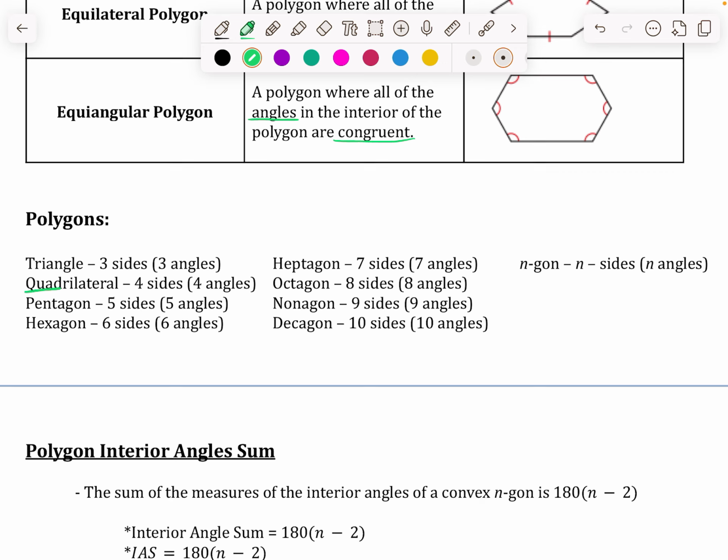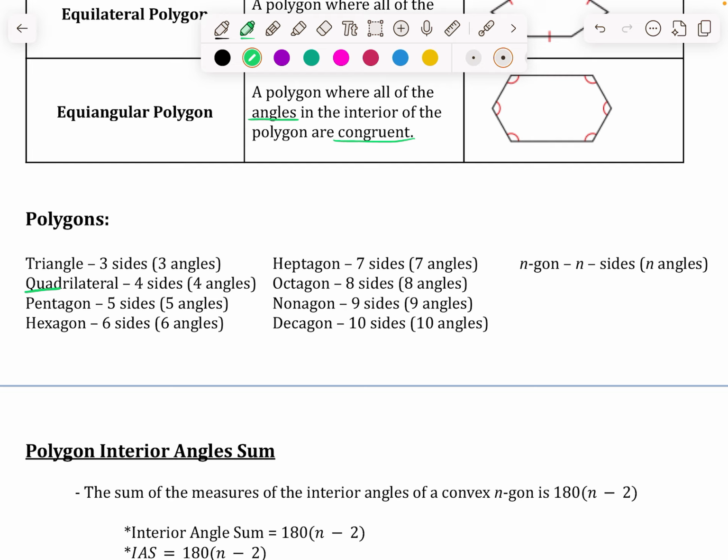So those are your squares, your rectangles, your trapezoids. Pentagon is 5 sides. Hexagon is 6, heptagon is 7, and I always get the hexagon and the heptagon confused, so you definitely want to study that. We probably remember that octagon is 8, then nonagon is 9, and decagon is 10.